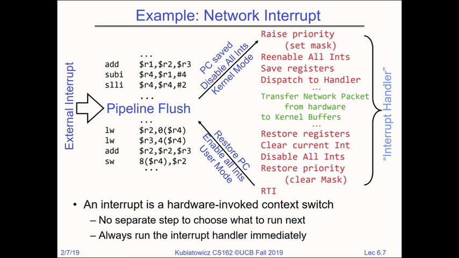Okay, and this funny thing about raising priority, lowering priority, that's really saying certain interrupts are more important than others, and if we're dealing with a network interrupt, we make sure to definitely disable the network interrupt because we don't want that to keep happening, plus maybe other things that are at the same level as the network.